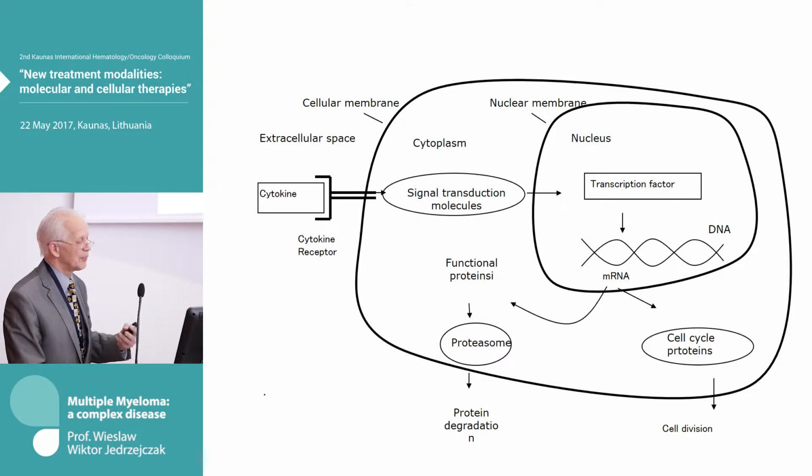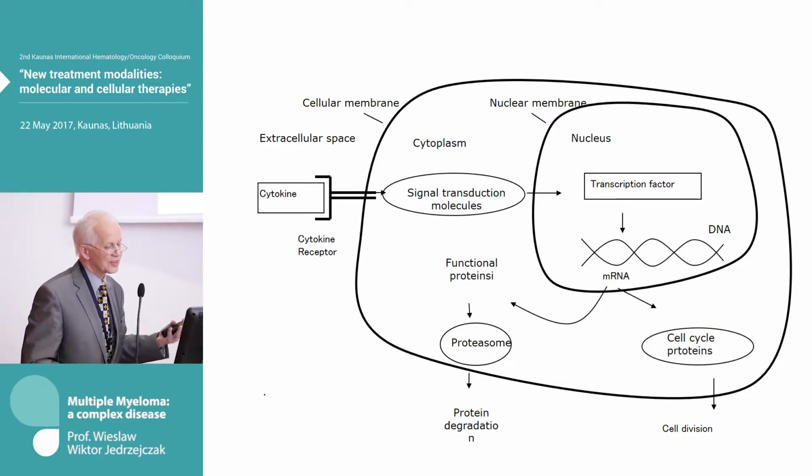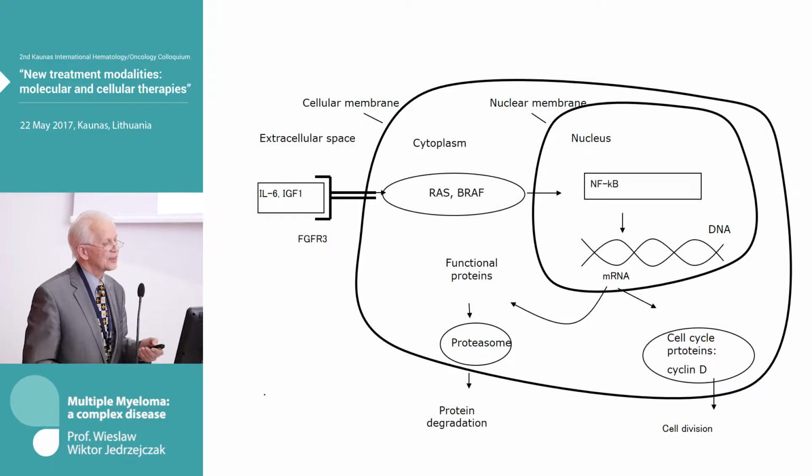And if the transcribed product is a cell cycle protein, of course, it would lead to cell division. If this is a functional protein, it would lead to, of course, appropriate differentiation, and these proteins are finally destroyed by the proteasome.